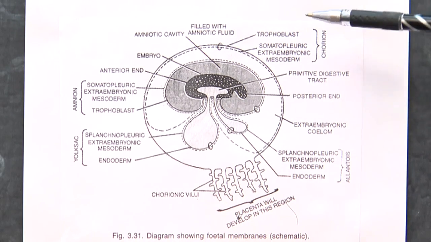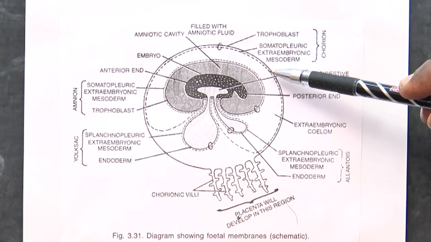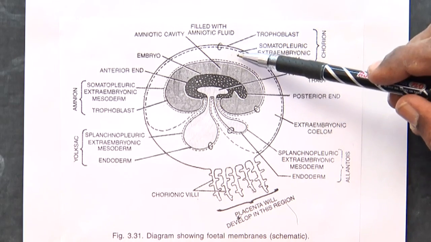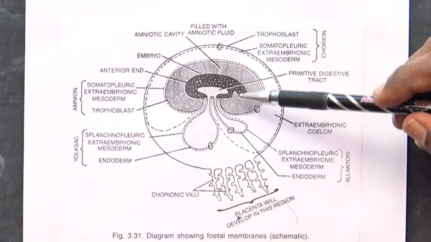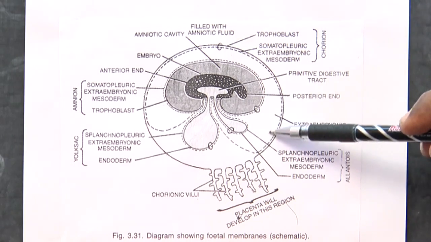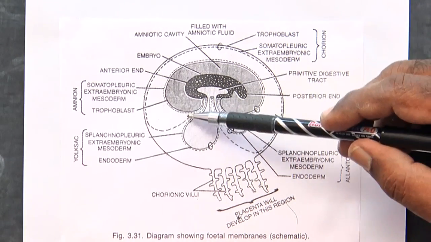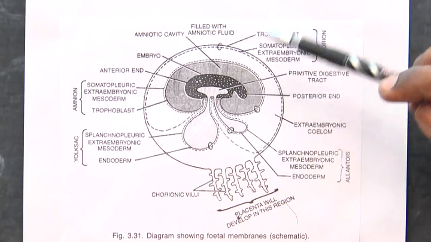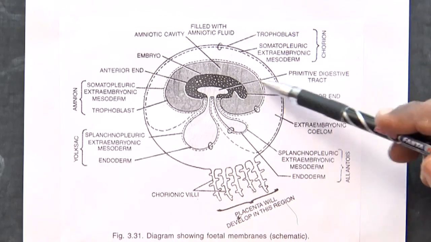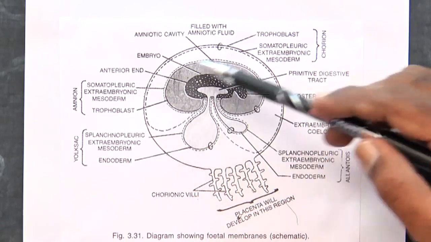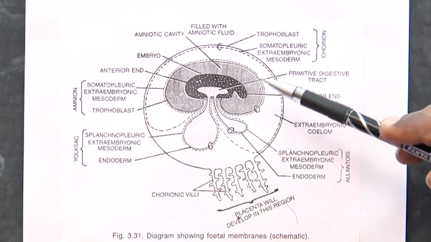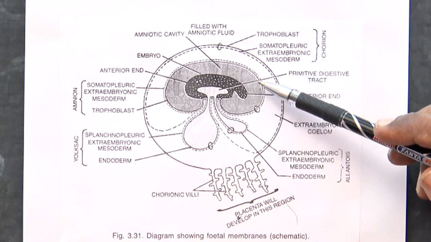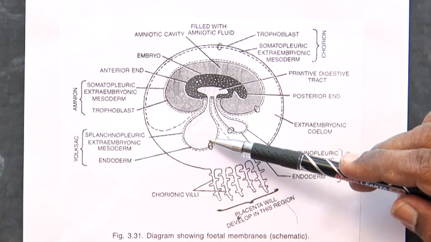So let us have a look at where it extends. We can start from here, that is this entire area, and this entire area. Together it forms a chorion. So it almost covers the entire embryo and the amniotic membrane. Only a part of the yolk sac is lying outside.